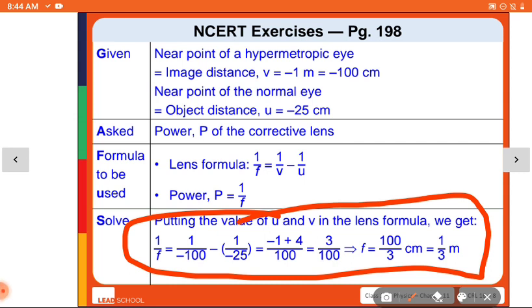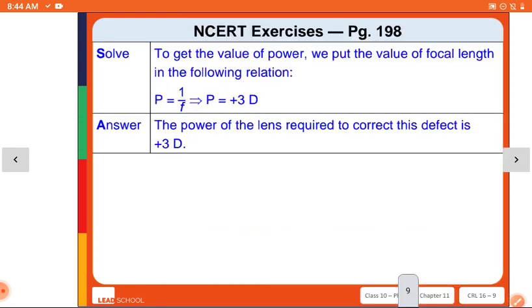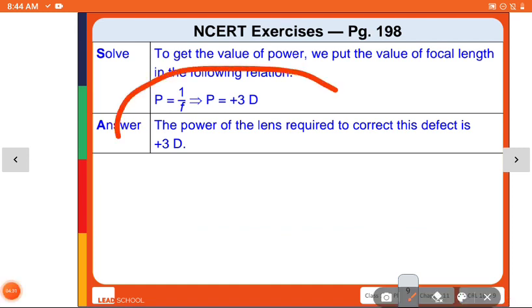After calculating the power of the lens, power is equal to 1 upon f, which is 1 upon 1 upon 3, so after taking the reciprocal, 3 diopter is the power of the lens used to correct the vision.